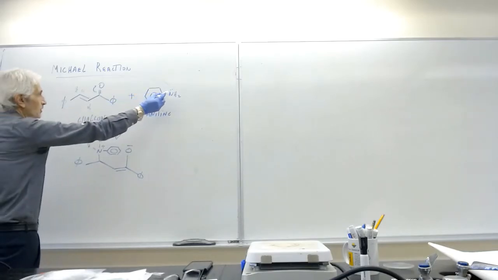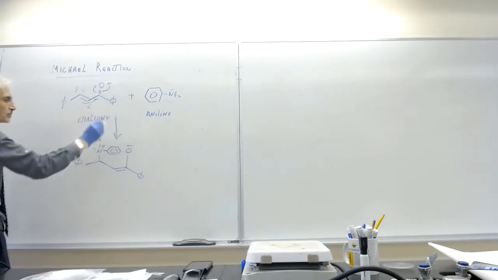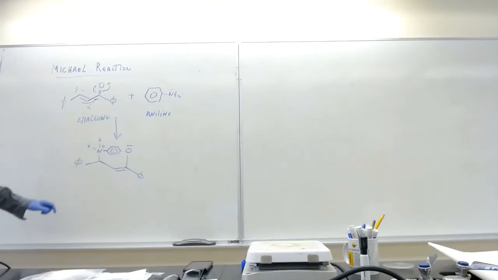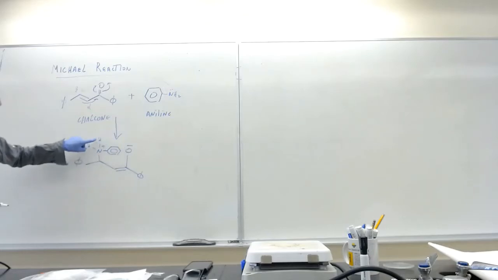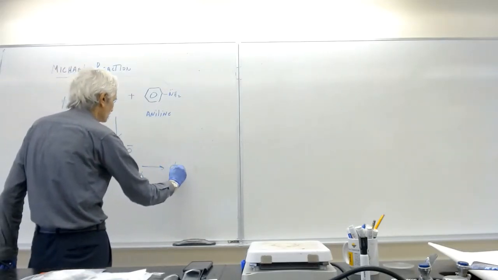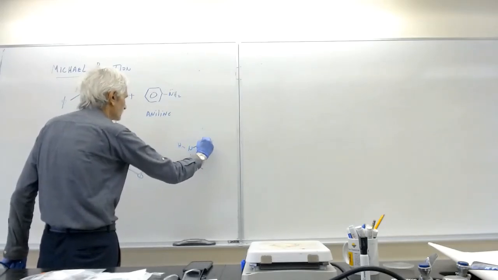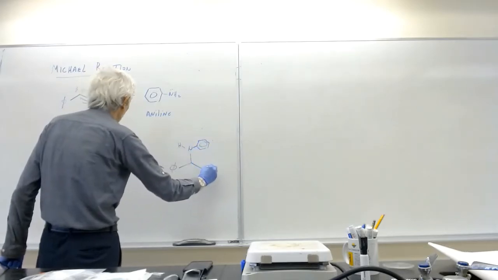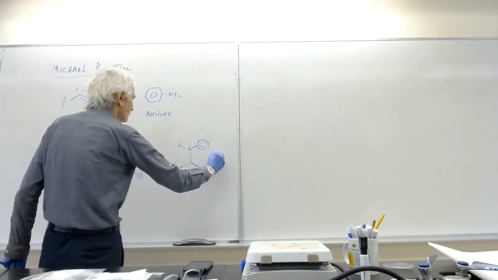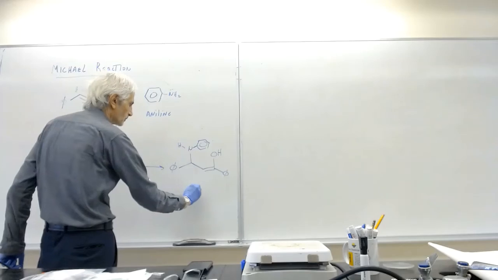The lone pair on the nitrogen attacks the beta carbon, the pi bond gets pushed over here, and this other pi bond gets pushed onto the oxygen, right? Of course this O minus will immediately take away a proton from this ammonium salt, and you form what is known as the enol.